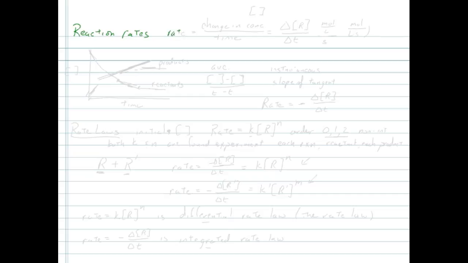Some go really fast, some go incredibly slow. Rate is defined as the change in concentration divided by time. Concentration is abbreviated with a square bracket. If you're doing reactants, it's generally considered R, so this is delta, or change, in the concentration of the reactants divided by change in time.